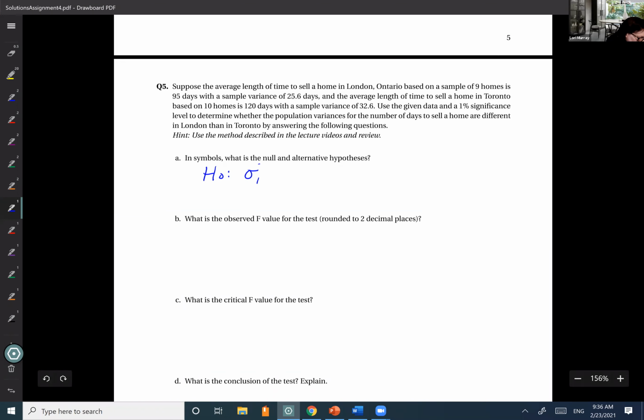So you just have sigma 1. So there's the variance for population 1. Is it equal to the variance of population 2? The true variances versus, and I'm going to put here does not equal. So hopefully you did too.